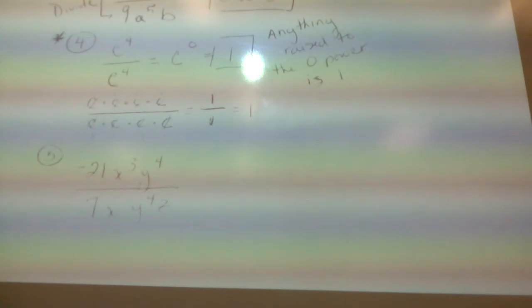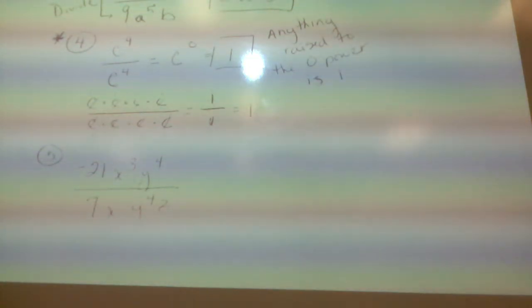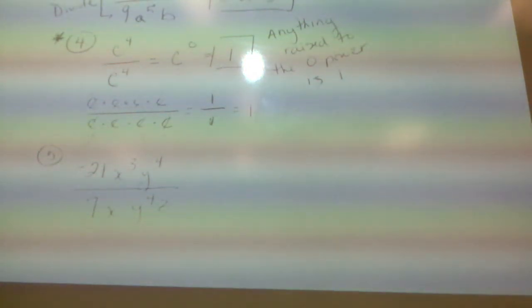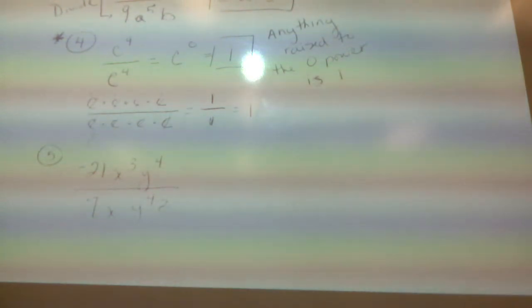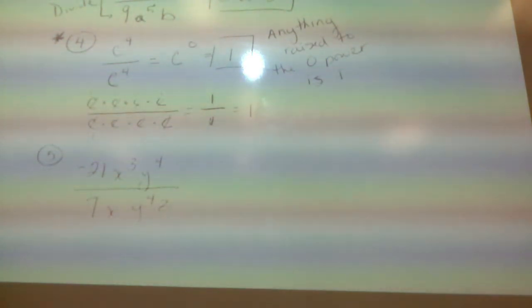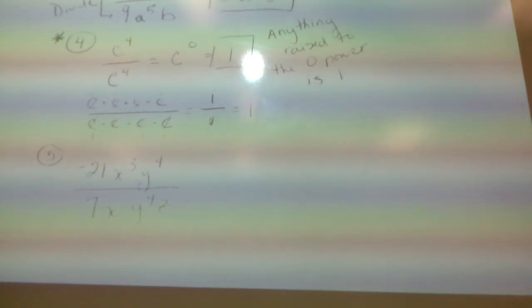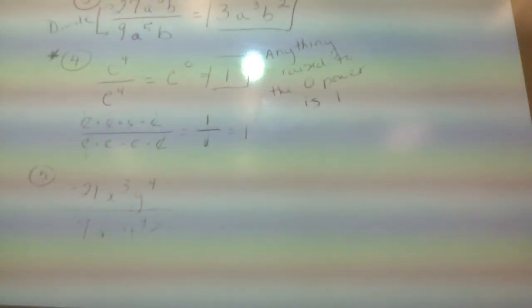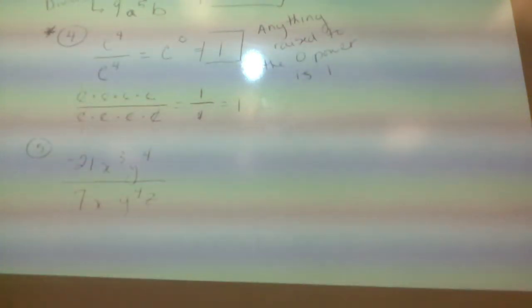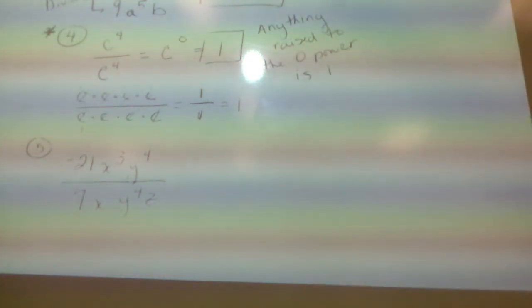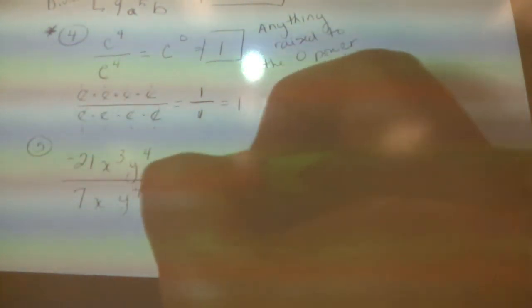I'm going to take those numbers out in front, that negative 21 and 7, and divide them. It's very similar to number 3. We had that 27 and 9 out in front. Now I've got negative 21 and 7. I'm going to divide that, giving us negative 3.